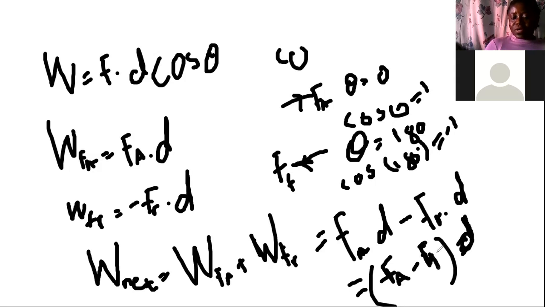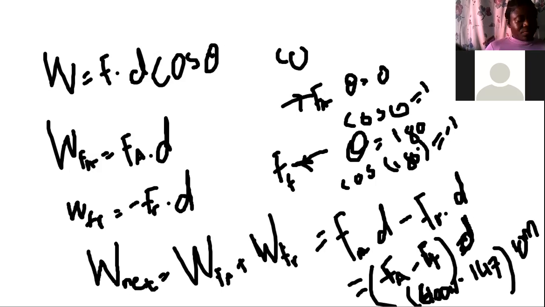So you can say this one is the net force, or you simply substitute. The force applied is 400 Newton, minus what we have calculated as our friction force, which is 147. Then we multiply this with the displacement of 10 meters.